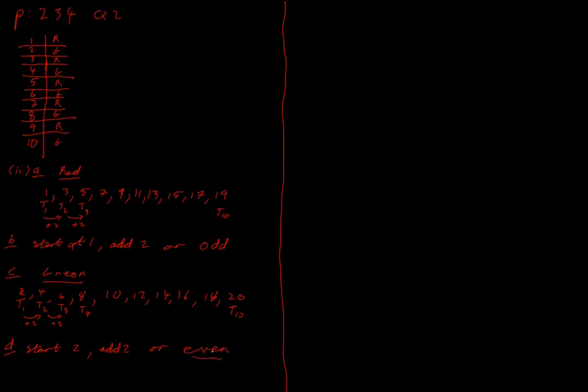So at the moment this pattern is more convenient for us. We're going to come back to this way of describing it later on in the chapter. It's important that you have these in the back of your mind. Where we start and how we're getting to the next term is going to be very important later on. But for right now we can see that we have a very good explanation. The reds are going to be our odd numbered blocks, and the greens are going to be our even numbered blocks.